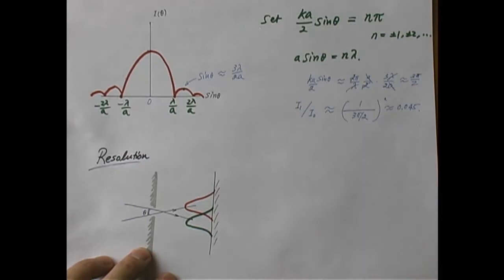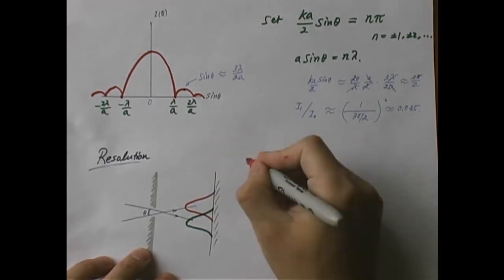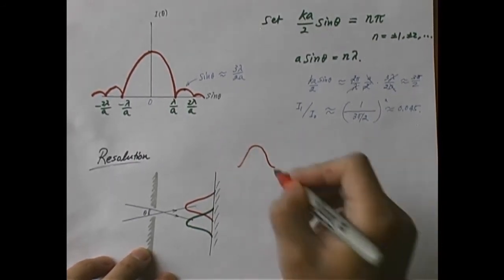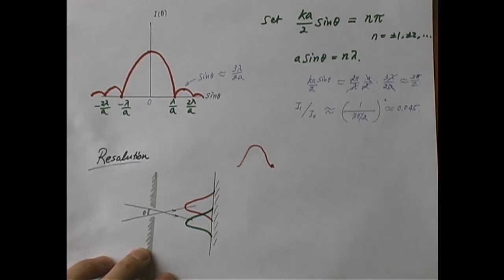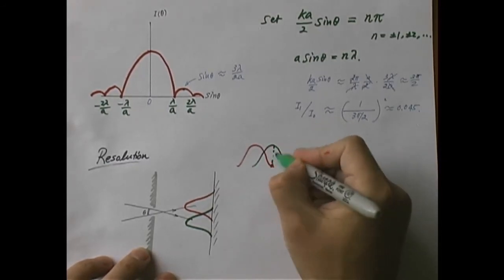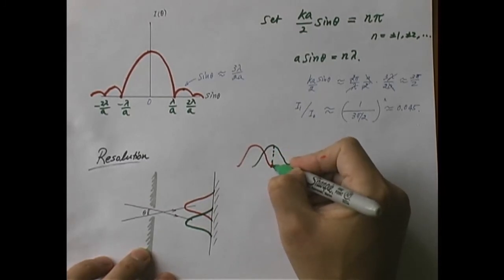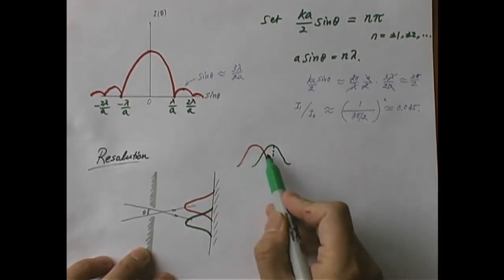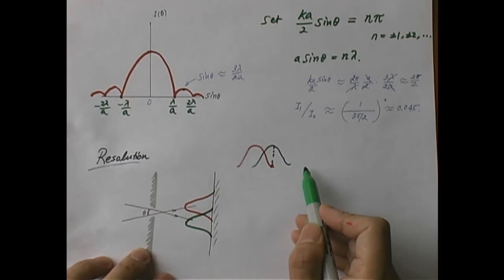So we've got one peak like this, its first zero is there, and we've got another peak like that. Its maximum corresponds to the first one's zero. If that's the case, these two peaks are barely resolvable.